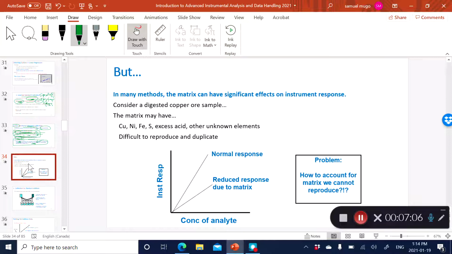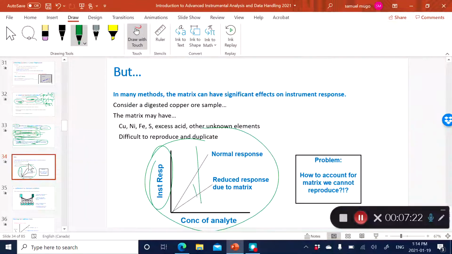And before I get to the standard addition method to clearly explain what it is, maybe this slide is a good one to explain to you the severity of the instrument response when you've got matrices. Because what happens is, you've got matrix interferences that suppress the signal.